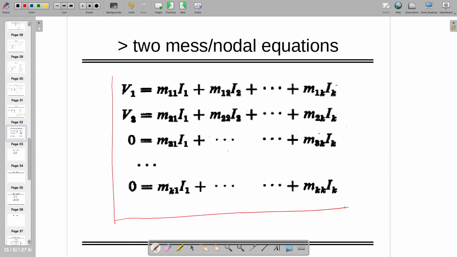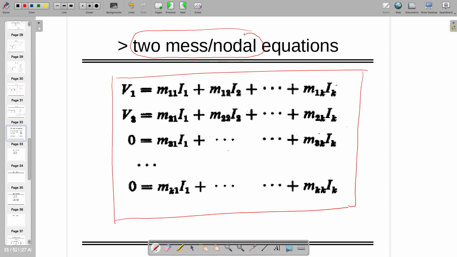What I'm following is from the same book, Franklin Covey. Everything is copied from there. If the equations are more in your nodal or mesh equations, you must have experienced yesterday that when the equations become more, you are not able to get the correct answer.